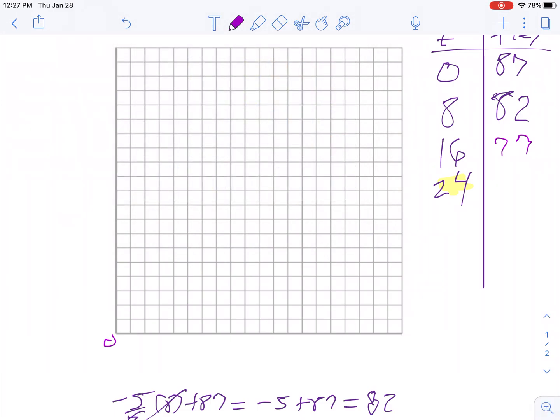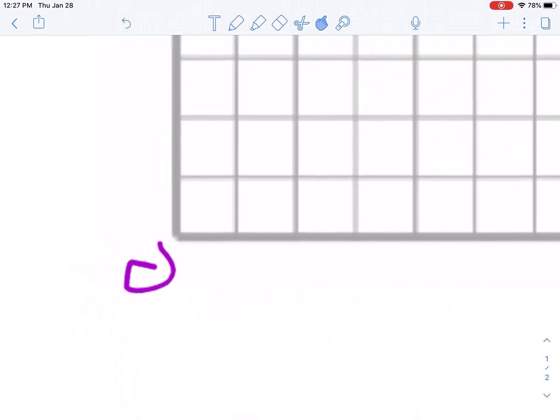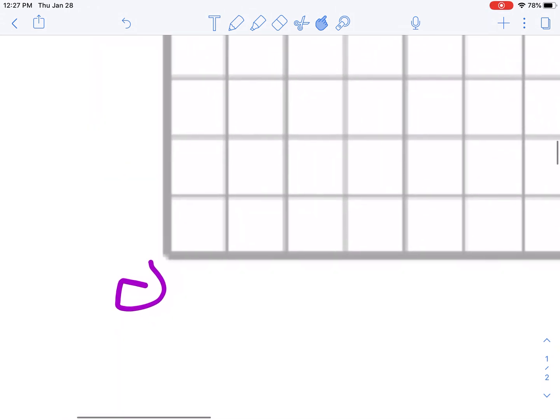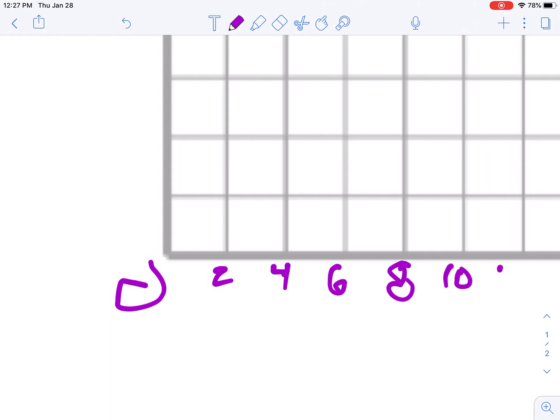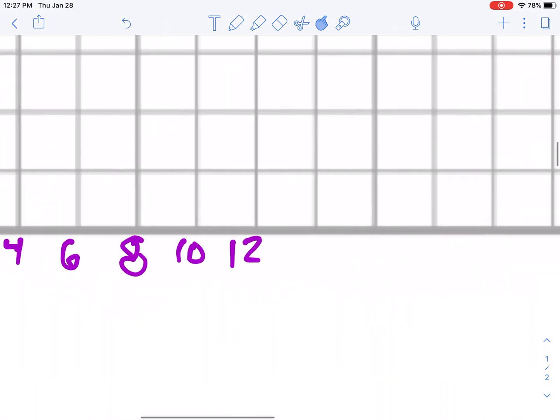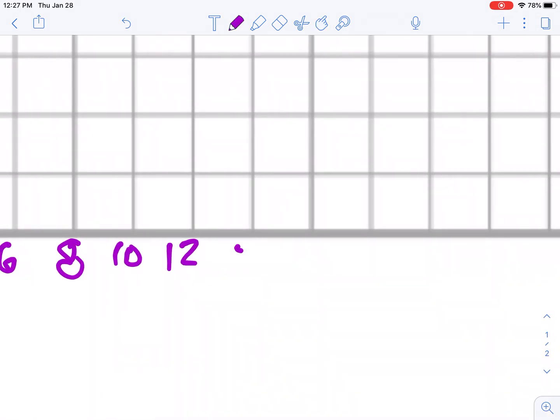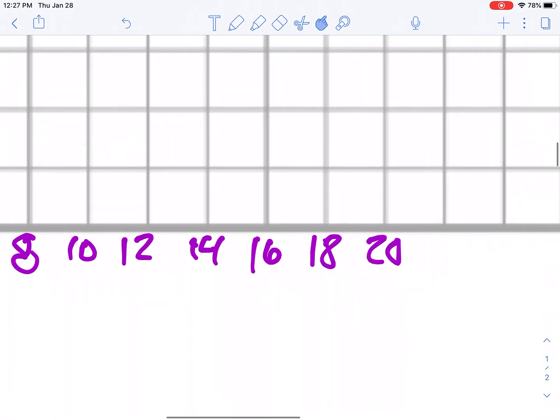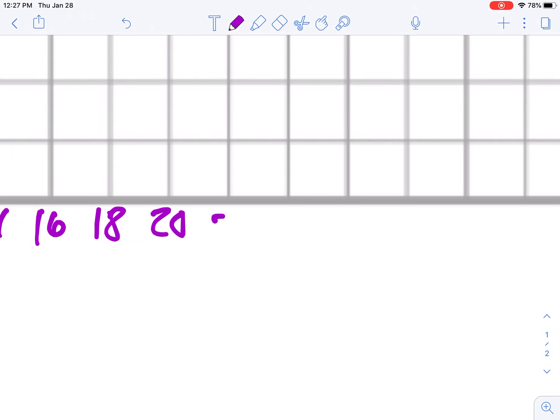So I'm going to go 0, 2, 4, 6, 8, 10, 12, 14, 16, 18, 20, 22, 24, 26. I'll go a little bit further than I need to.